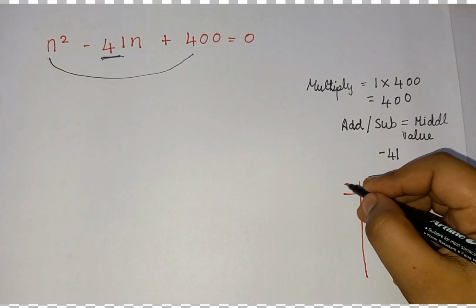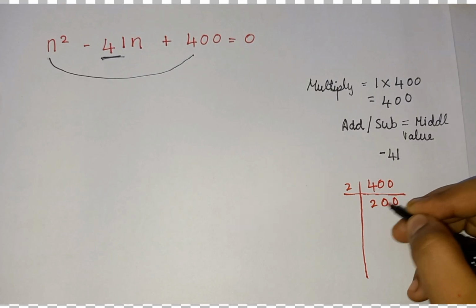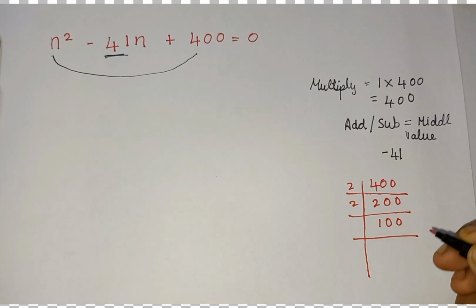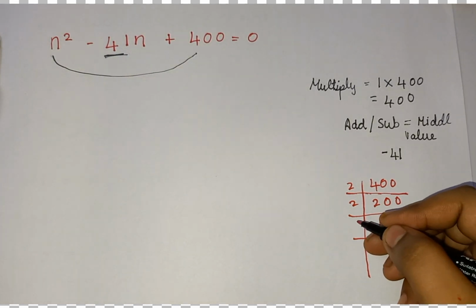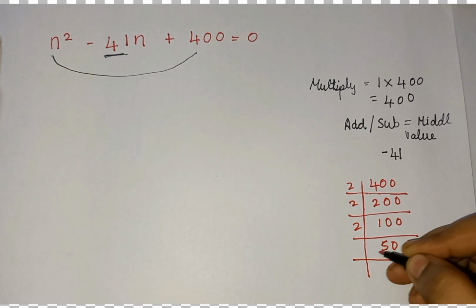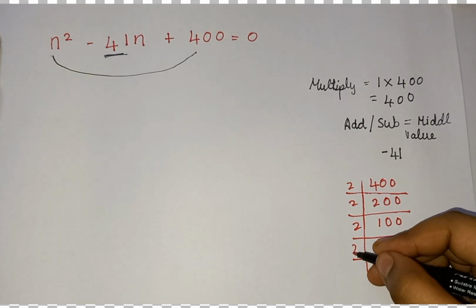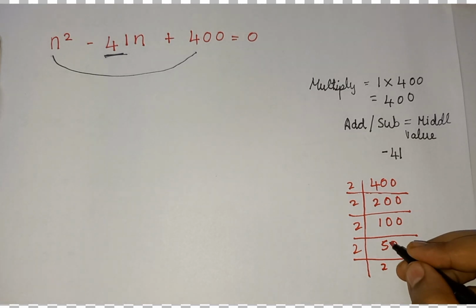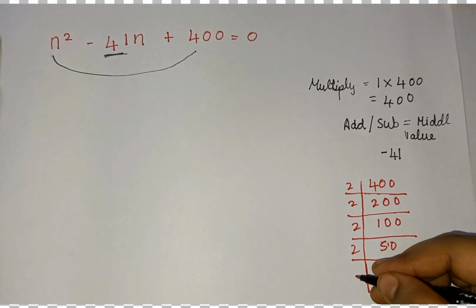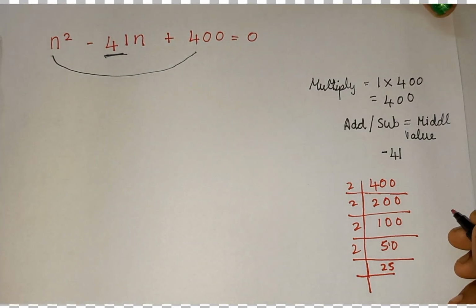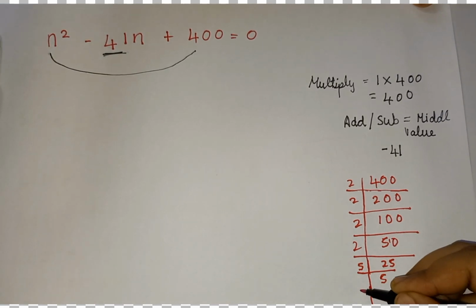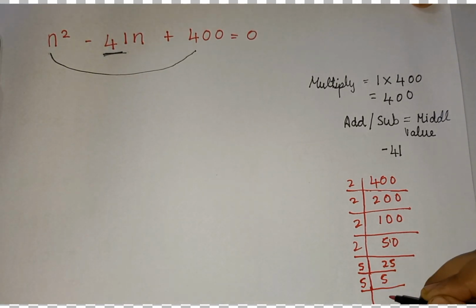2 table, 2 2s are 4, 0 0, and 2 table 1 2 is 2 0 0, and again 2 table 5 2s are 10 0, and again 2 table 2 2s are 4, balance 1, 5 2s are 10. Then 5 table 5 5s are 25, and 5 table 1 5 is 5.